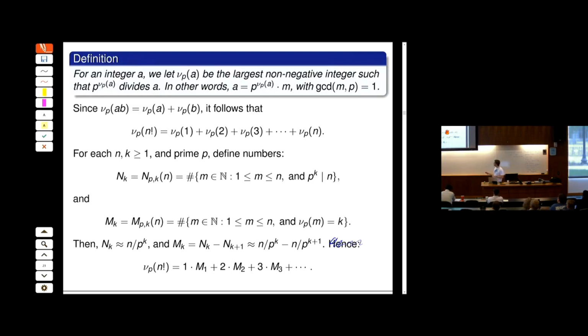The numbers that p only divides once contribute 1 to the valuation. The numbers that p squared divides exactly contribute 2 to the valuation, and so on.